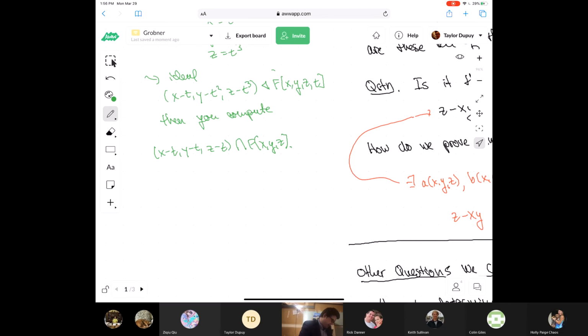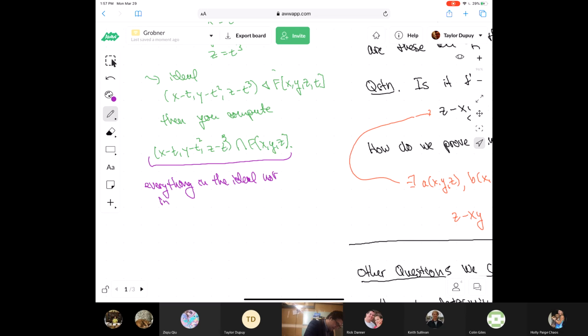What this does is it looks for everything in the ideal without t's.